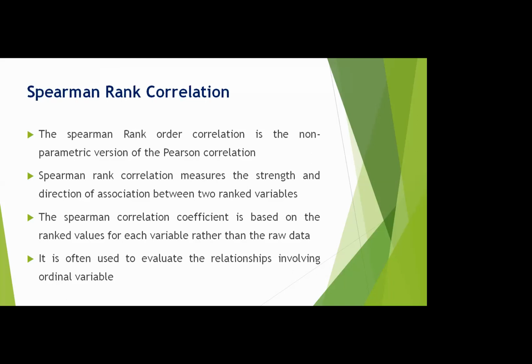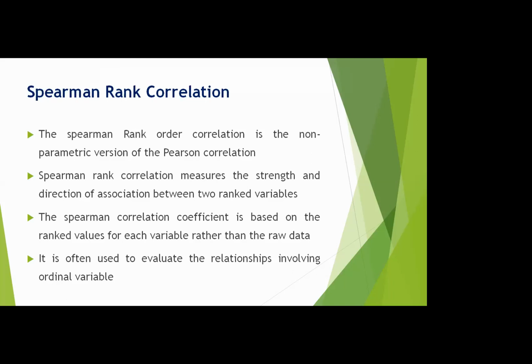There we can apply Spearman rank correlation for correlation analysis. Another application is if our data is in an ordinal or rank order format. If the variables we are correlating with each other are in ordinal form, there also we use the Spearman rank correlation method.